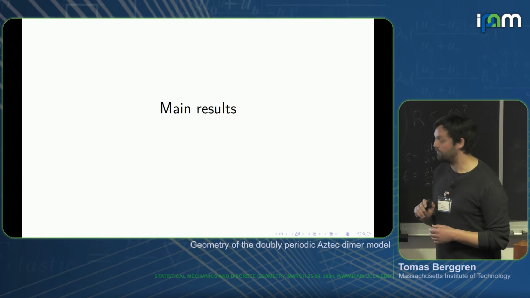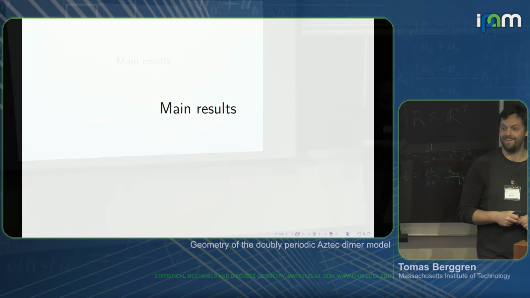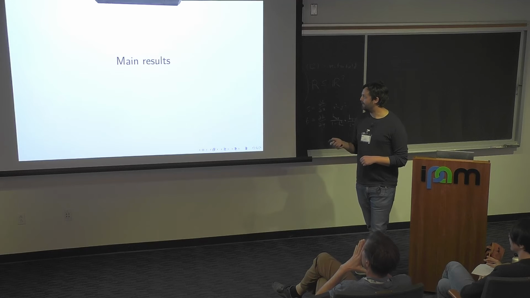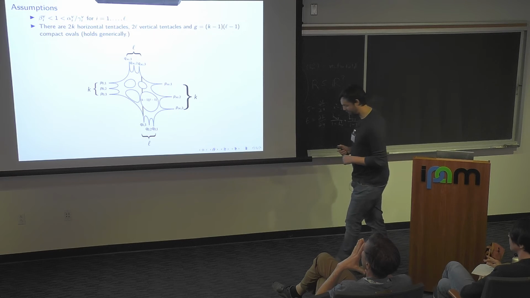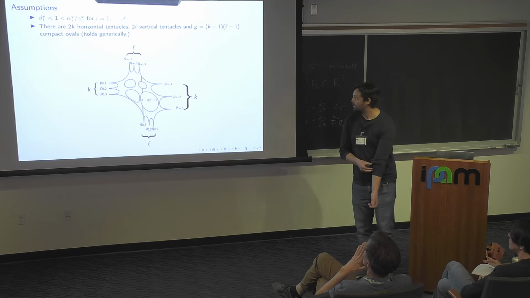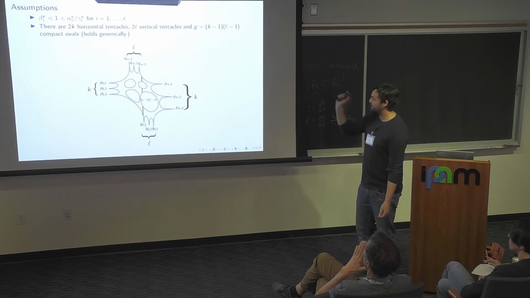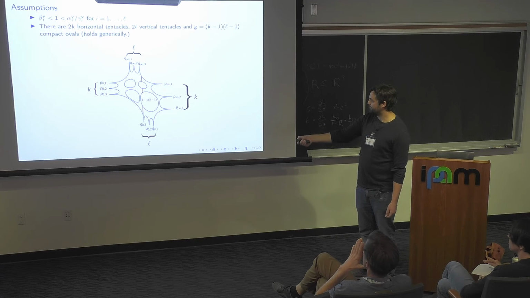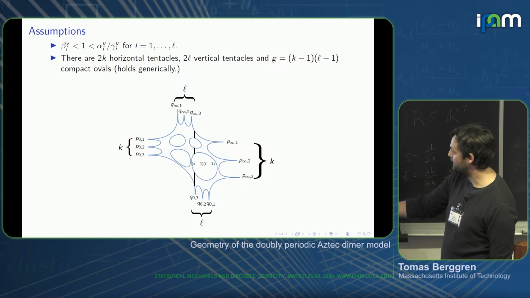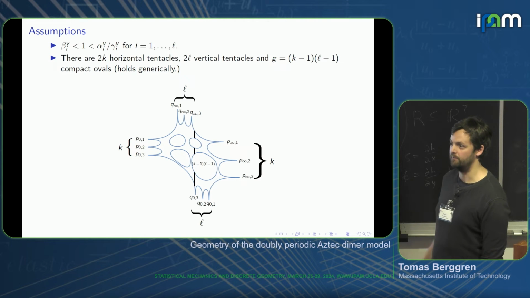Okay, I think I'm finally ready to tell you all what our results actually are. Maybe first I should mention what our assumptions are for our results. What we do assume is that these tentacles lie to the left of the y-axis, and these lie to the right of the y-axis.